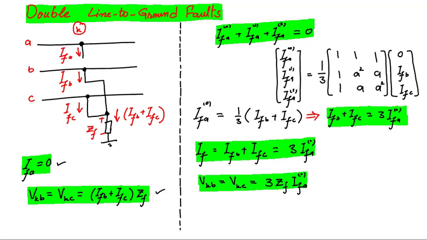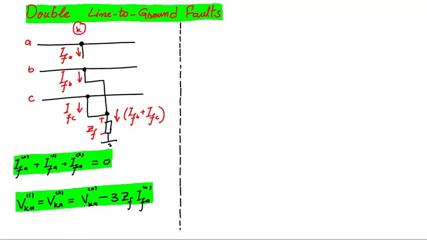Let's see how to connect them to get a Thevenin equivalent sequence circuit for double line to ground fault. Now we are going to connect 3 Thevenin sequence circuits together to satisfy these 2 equations. First equation in terms of current, the sum of 3 sequence components must be equal to 0, and second is positive and negative sequence voltage are equal and equal to 0 sequence minus this voltage drop.